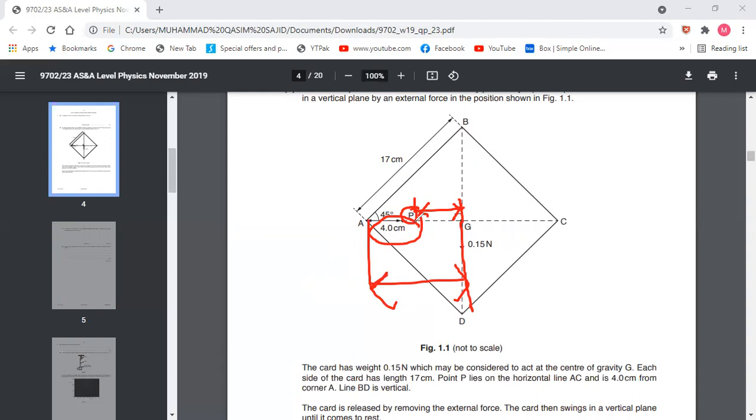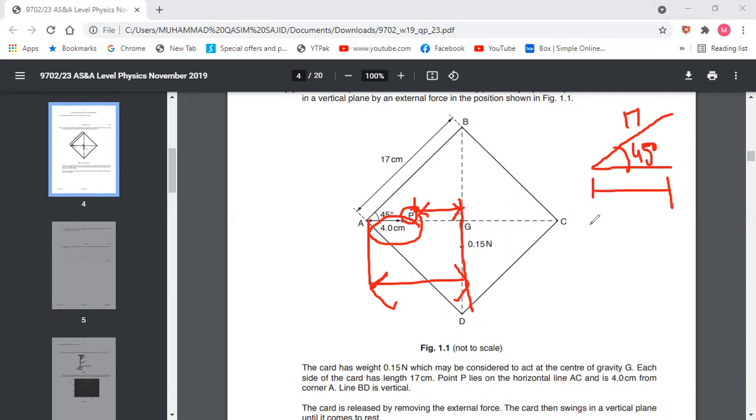Is this clear? Yes, sir. Okay, let me draw it quickly. First you have to draw your resultant. This is a force at angle 45 degree, and this length is 17 centimeter. So we have to find this component.